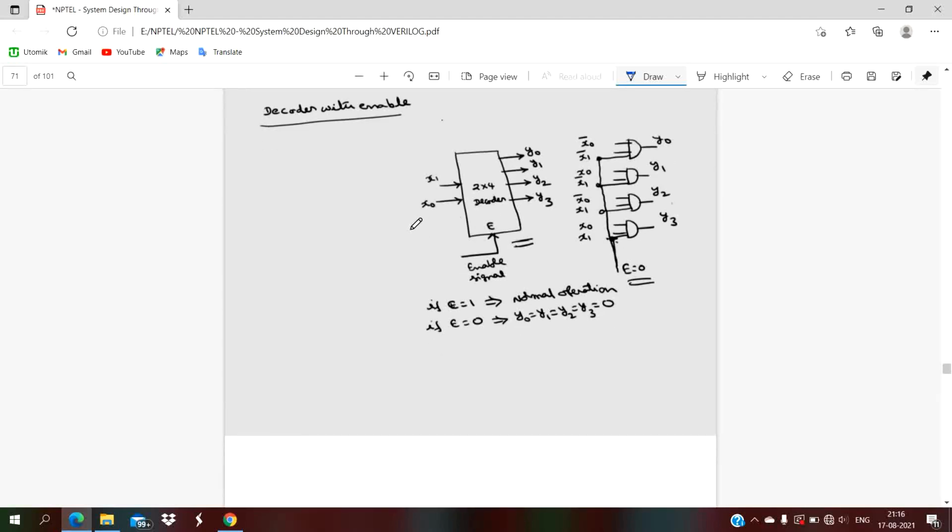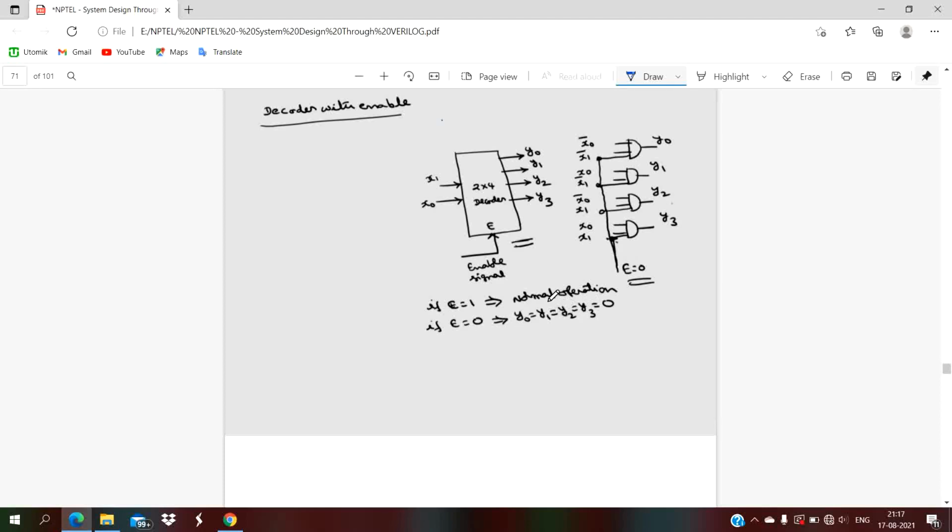Here it is the 2x4 decoder with enable using positive logic. For positive logic, if the enable input is 1, normal operation is done. For E equal to 0, all outputs are 0.